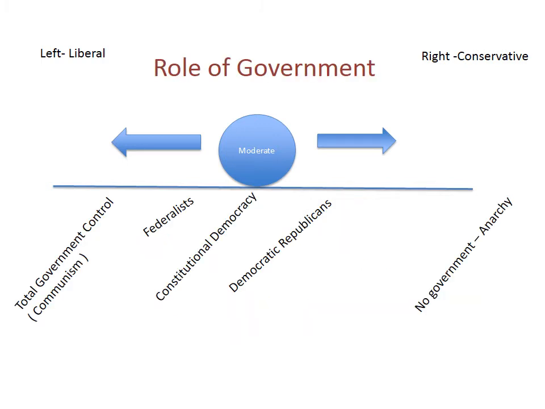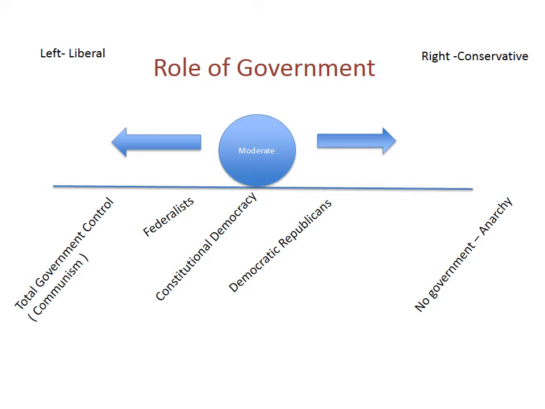Of course, this seems like a government lesson, but it does have a lot to do with history. So we want to look at the political spectrum in a historical context. So for example, when we created a constitutional democracy, we are somewhere in the middle on the spectrum. We don't have a lot of government control, but we're not completely without government control.